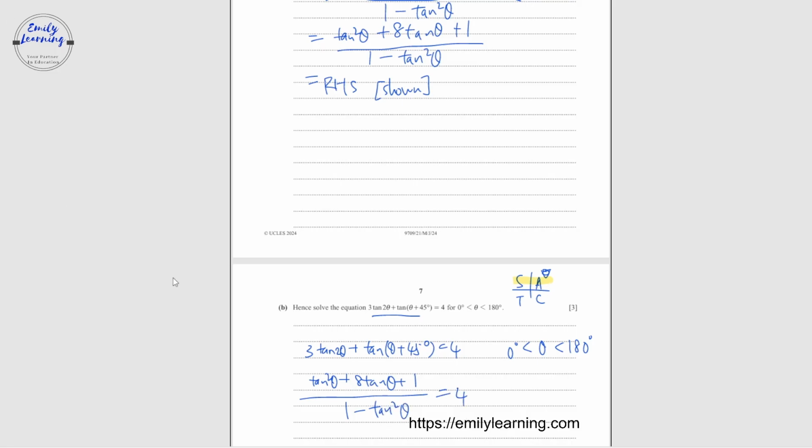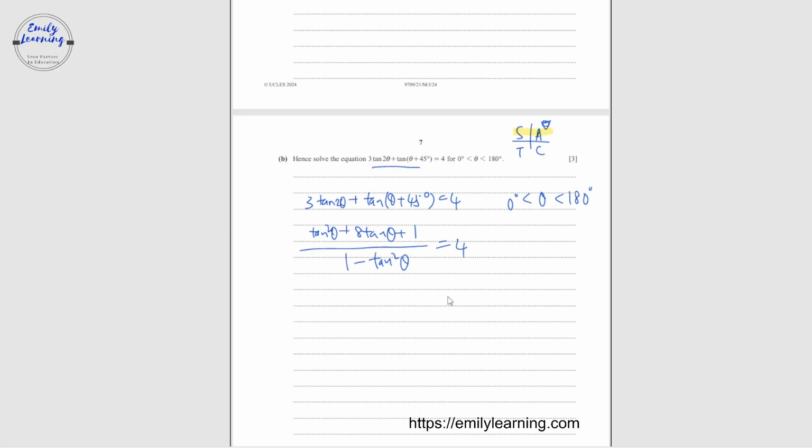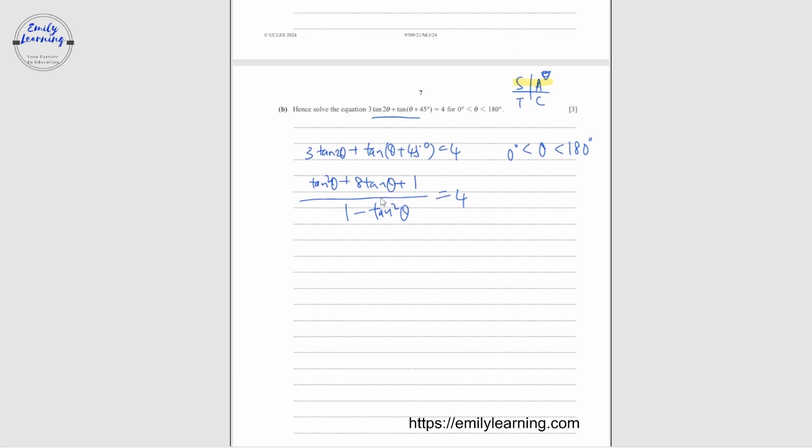Now I'm just going to do a cross multiplication. If you want, you can say from A, or you don't need to write this. Now let's just do a cross multiplication. Put all the tangent squared terms together. I have 5 tangent squared theta plus 8 tangent theta minus 3 equals 0.